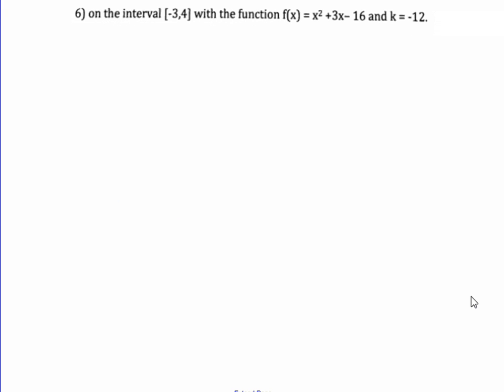All right, here we are with number 6 on page 4. Again, my question would be, is there a value of x such that y would have to be -12? So does that y exist between the 2 points? So again, we're going to evaluate f of -3 equals (-3) squared plus 3 times (-3) minus 16.